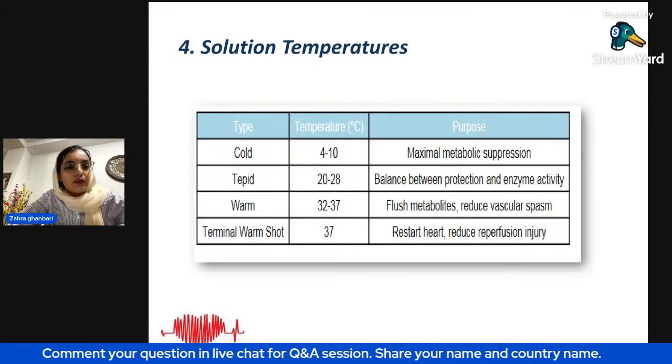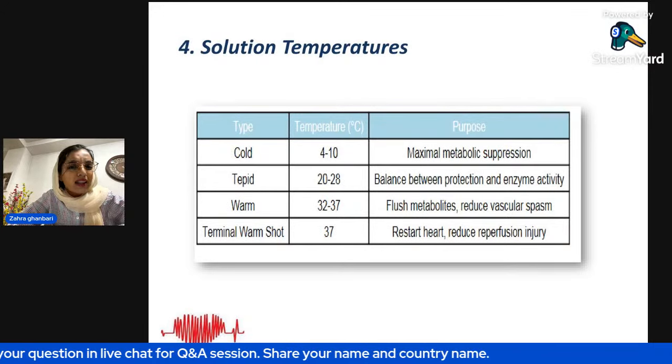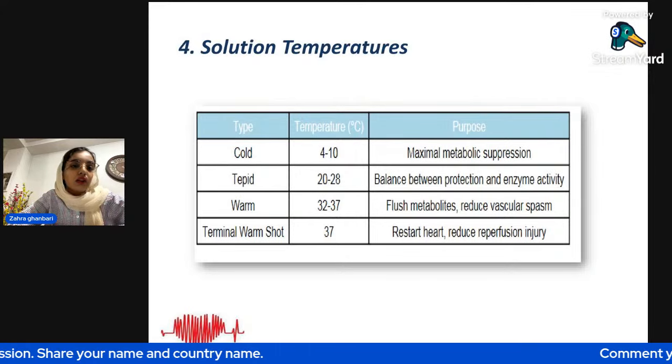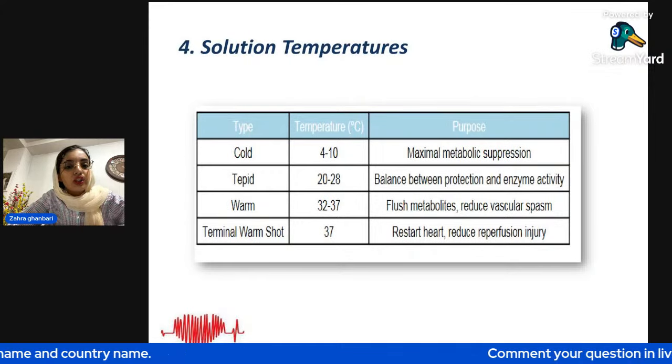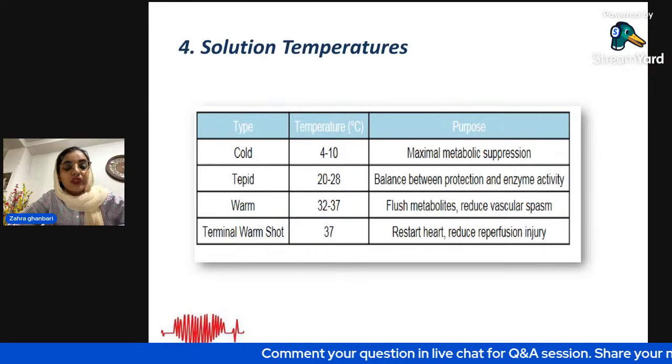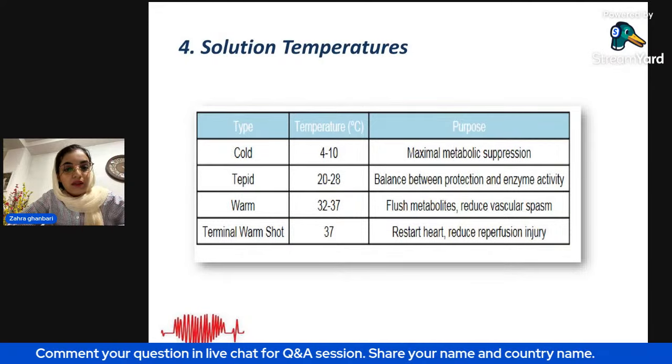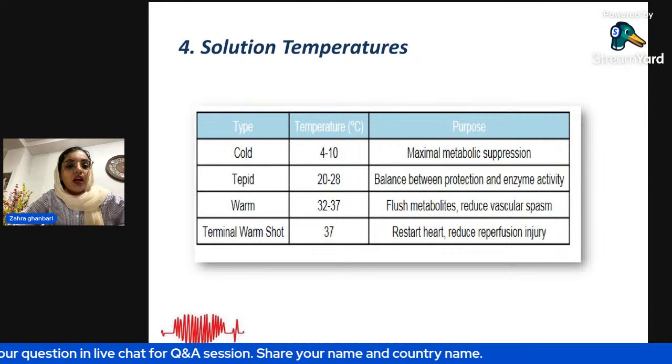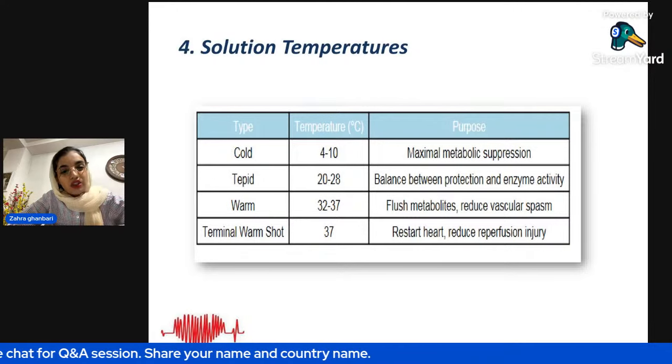The purpose of this temperature is balance between protection and enzyme activity. And warm type, the temperature is 32 to 37 degrees Celsius, to reduce vascular spasm and flush metabolism. And the last one is hot shot.